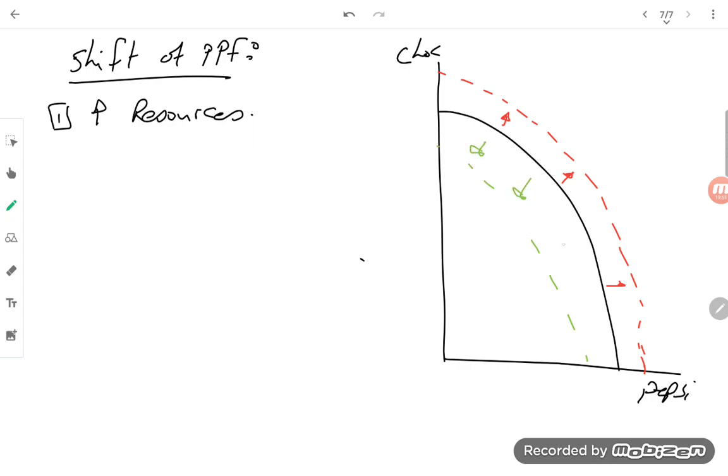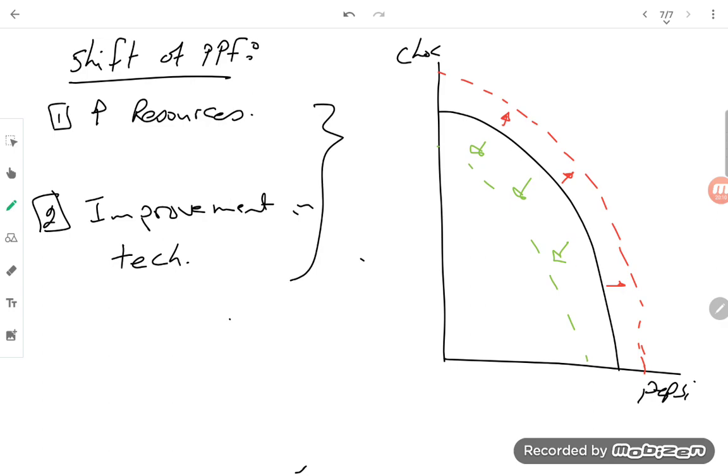The same with respect to technology. If there is an improvement in technology, PPF curve will shift to the right. So in both cases, an increase in resources or an improvement in technology, PPF will shift to the right.